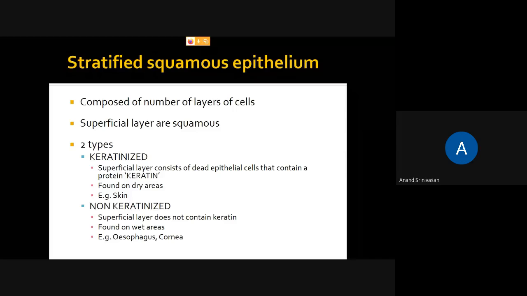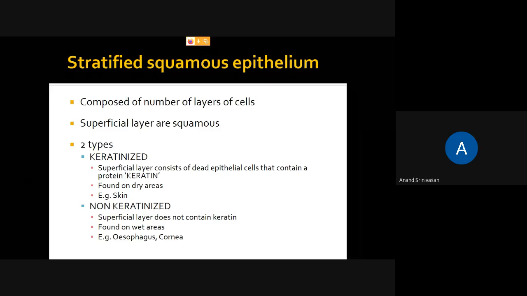Because on the outermost layer of the skin there is keratin, whereas inside the mouth, the outermost layer is also stratified squamous epithelium, but it does not contain keratin, and that's why it is non-keratinized. So now you know the difference between keratinized and non-keratinized stratified squamous epithelium.